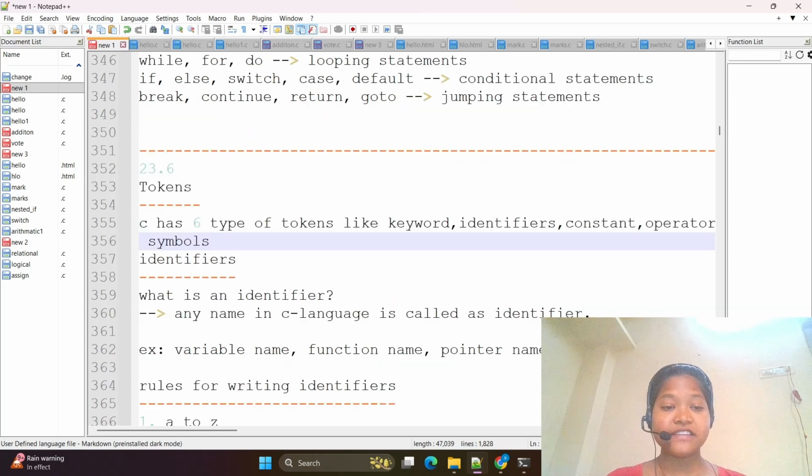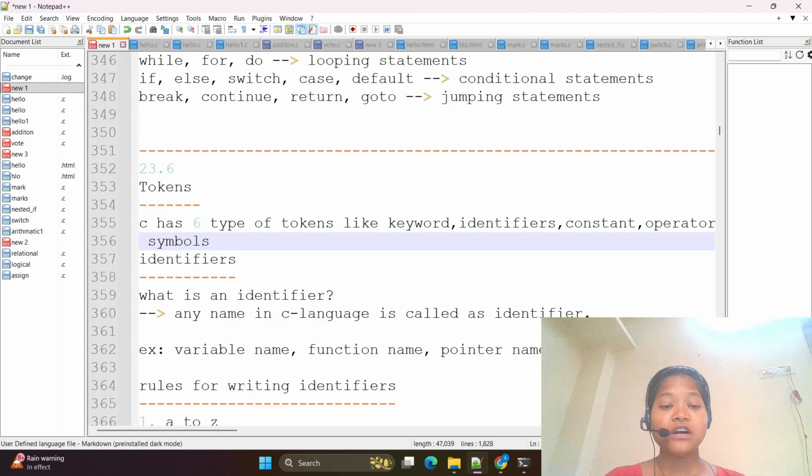Next thing is, what are identifiers? An identifier is also a type of token. Why do we need an identifier? To identify something. Like whenever a baby is born in our family, we give a name to that baby, because for identification purposes a name is required.